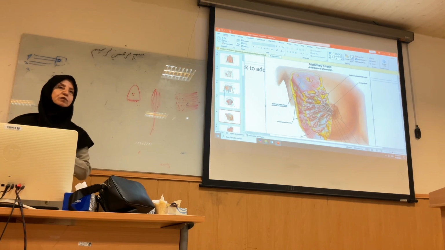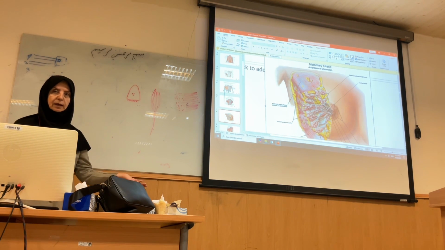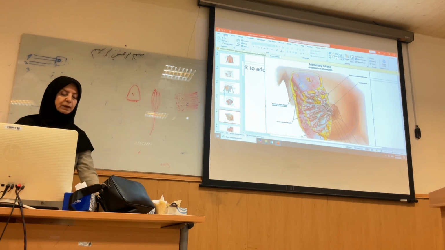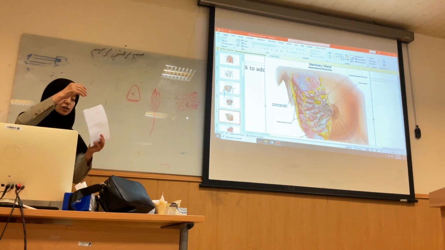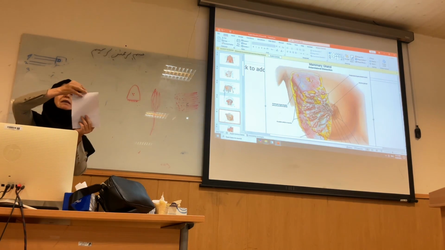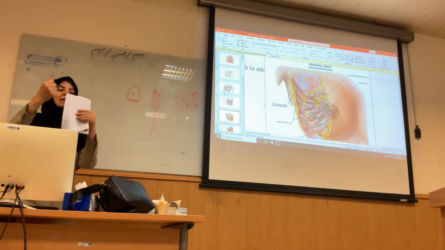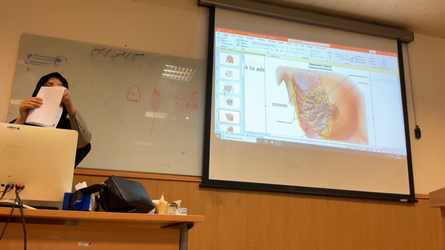When I remove the superficial fascia, I also remove the breast. Okay? So imagine it is superficial fascia, and inside of the superficial fascia, we have the structure of the breast. Then we remove the skin, then we remove the superficial fascia to show you the pectoralis major. We remove the breast too.